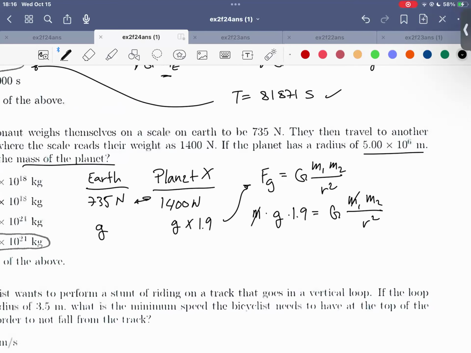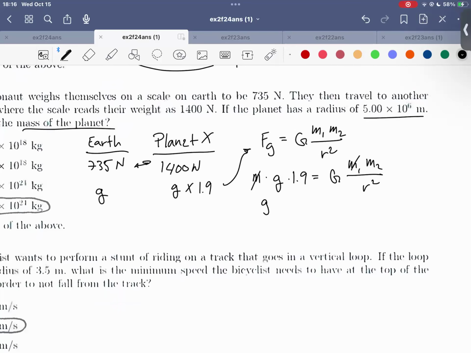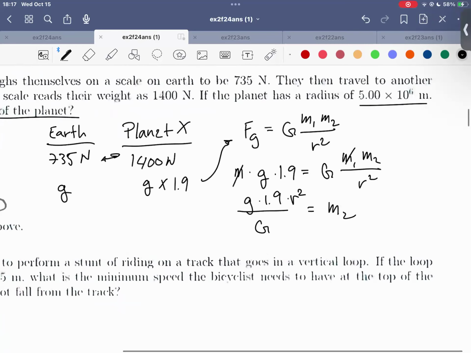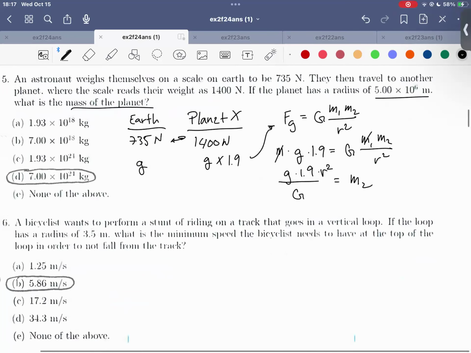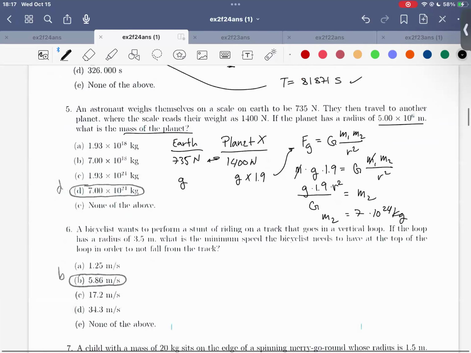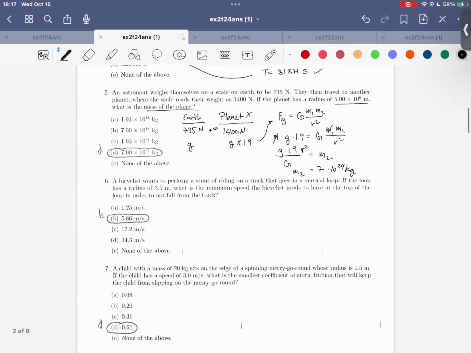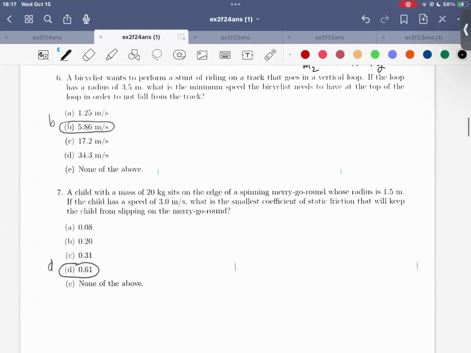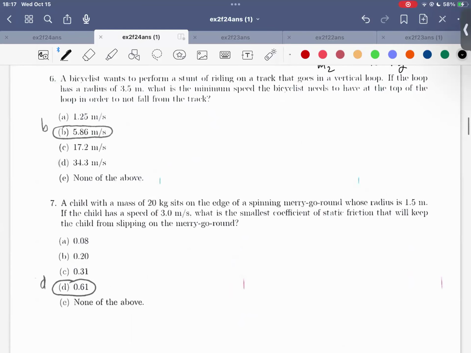So we can say this now. Okay. And then when you plug this into your calculator, you should get this. Okay, so that's 5.